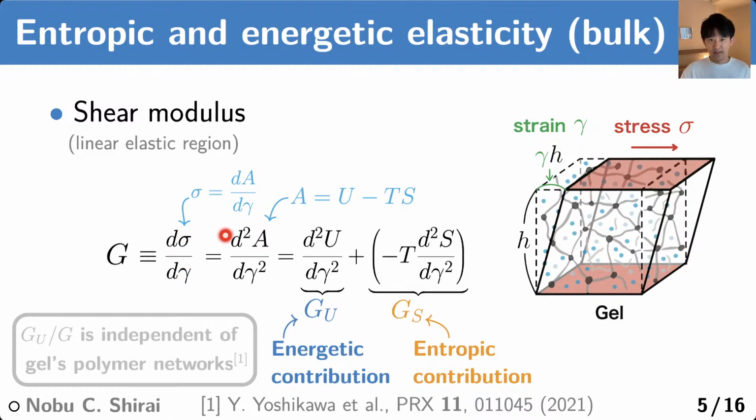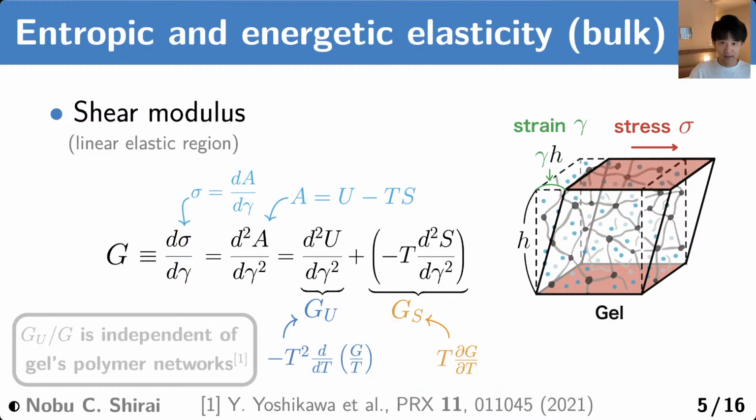Sigma can be written by the derivative of the Helmholtz free energy A, so G is the second derivative of free energy. And A can be rewritten as internal energy minus temperature times entropy. So finally we get two terms. The first one is related to energy, so we call it energetic contribution or energetic elasticity, and the second one is entropic elasticity.